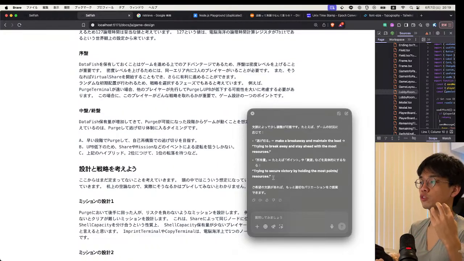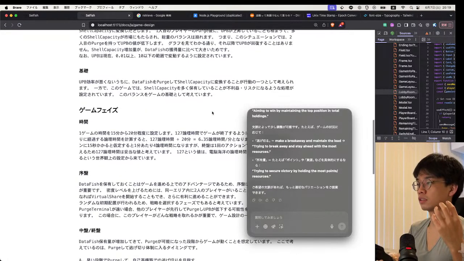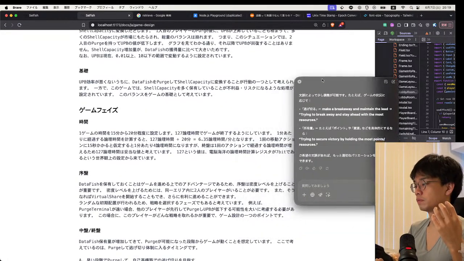Trying to secure victory by holding the most share capacity like this.